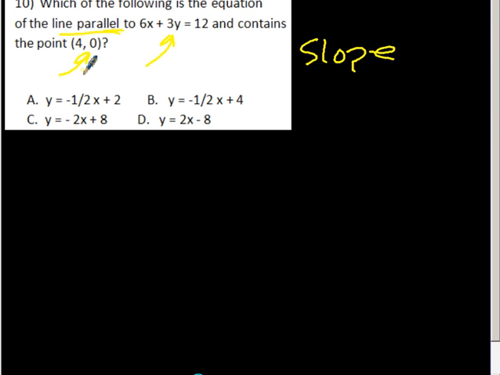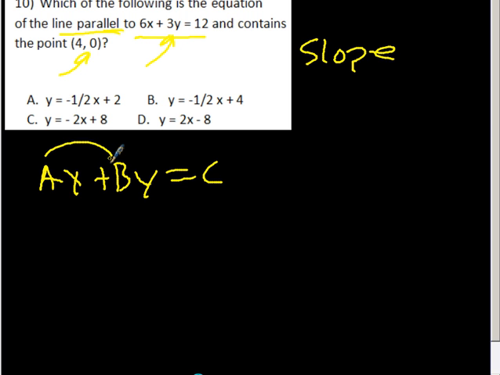Now, this is in Ax, By, and C form. It's not officially standard form, but if we have Ax plus By equals C, it might help you to remember that the slope equals negative A over B. That's going to make it a lot quicker. You don't have to remember that.